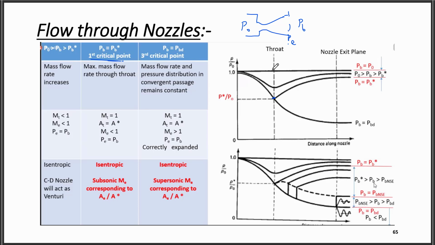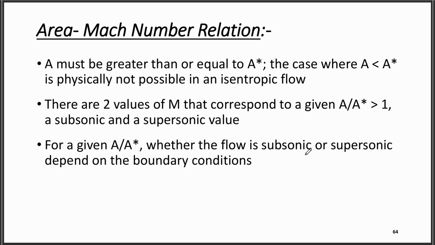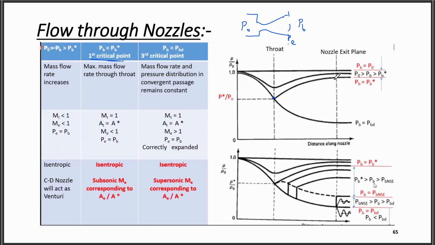One more thing, that A by A star we have seen that there are two solutions. So for this pressure ratio there will be only the subsonic solution at the exit. So velocity will again decrease and it will become subsonic.